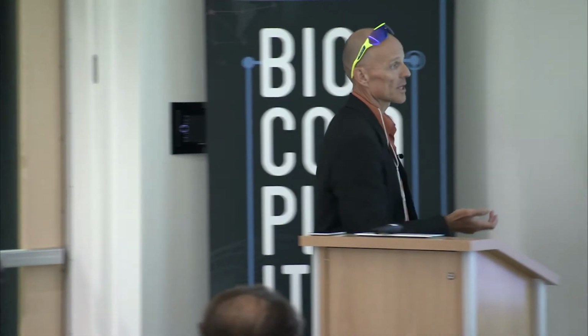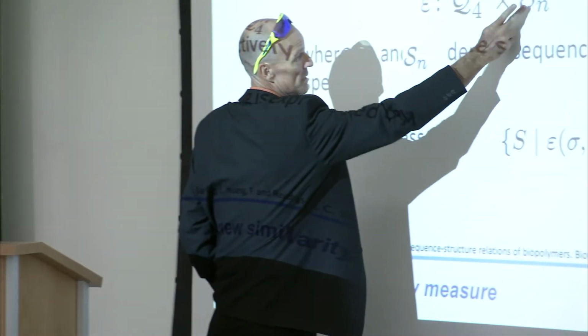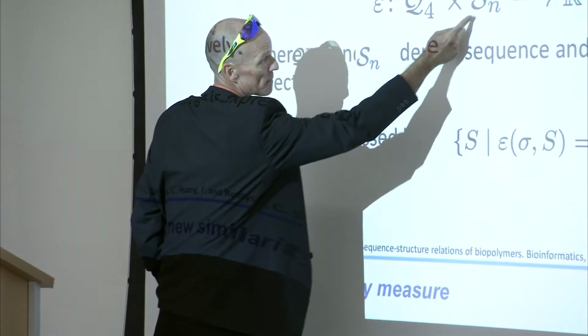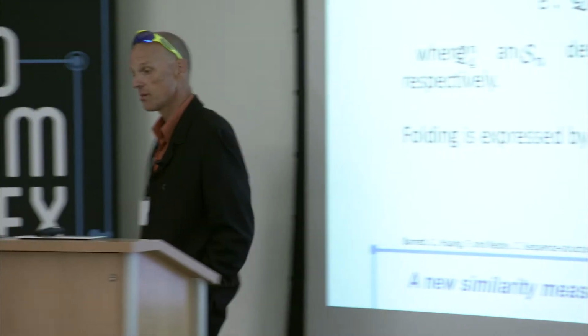All right? And this can be formalized in pairing these two sets, sequences and structures, and then assigning to such a pair, this is a sequence, this is a structure, if I form a pair here, a minimum free energy.